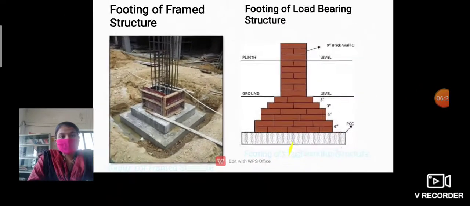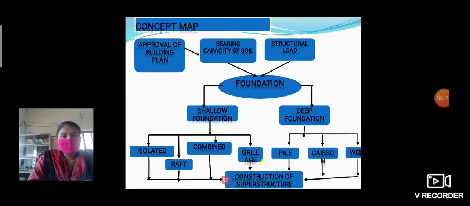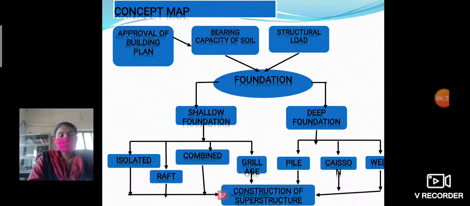Next, this is the concept map for the foundation. As I told you already, foundation is divided into two parts: shallow and deep foundation. Which types of foundation are included in shallow foundation? Isolated, combined, raft, then grillage.